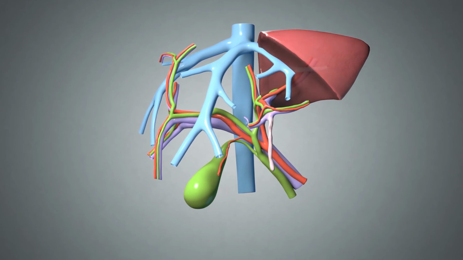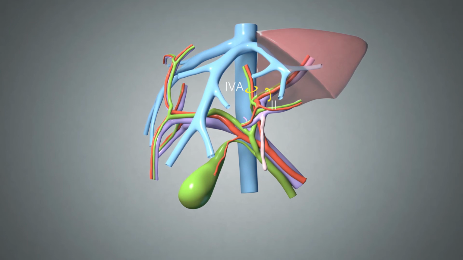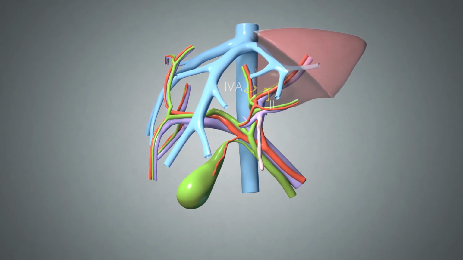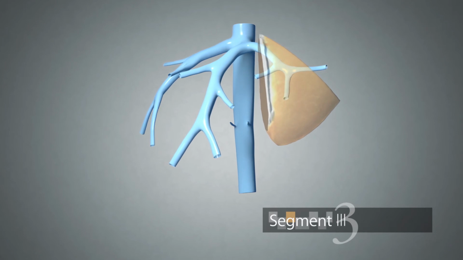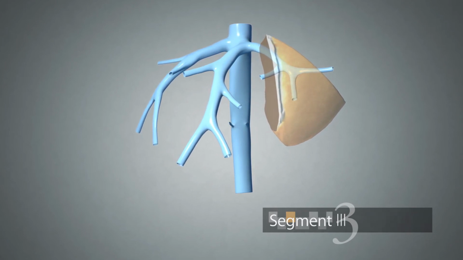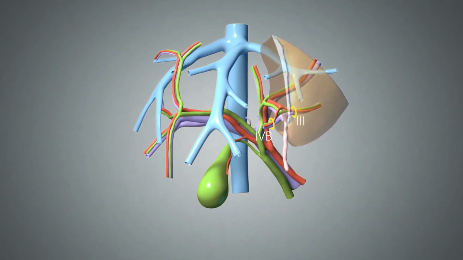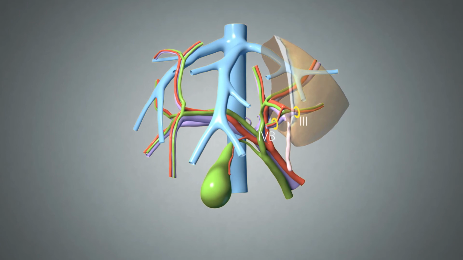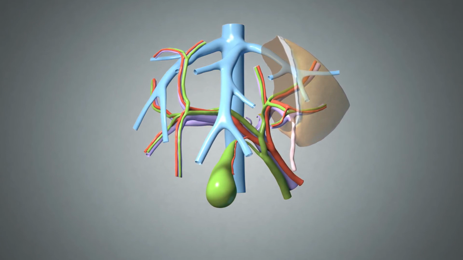The pedicle to segment 2 arises across from the pedicle to segment 4A. Segment 3 is the area of liver parenchyma that is situated inferior and anterior to the left hepatic vein. Note that the pedicles to segment 3 and 4B form the terminal branches of the left portal vein.